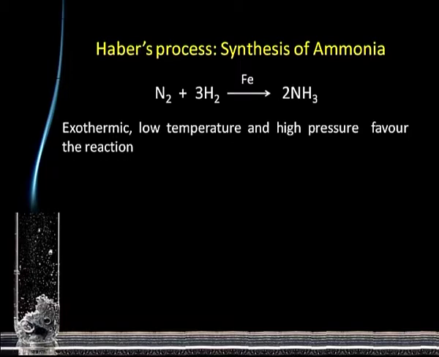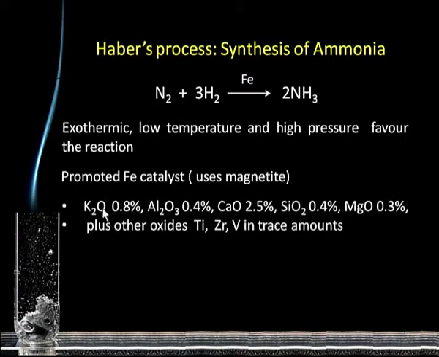We use magnetite for its synthesis, but then a large number of promoters are added to this formulation: potassium oxide, alumina, calcium oxide, silica, magnesium oxide, and then some oxides in trace amounts: titanium, zirconium, vanadium.